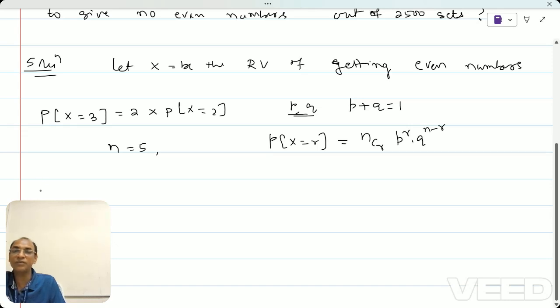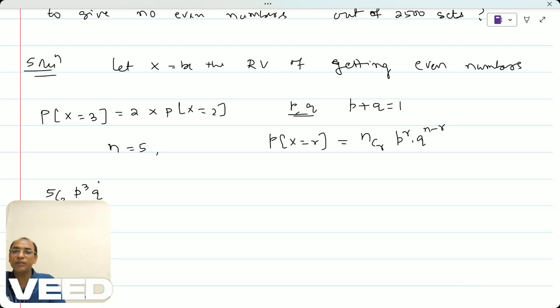On the left side, 5C3 p to the power 3 q to the power 5 minus 3 is equal to twice 5C2 p to the power 2 q to the power 5 minus 2.